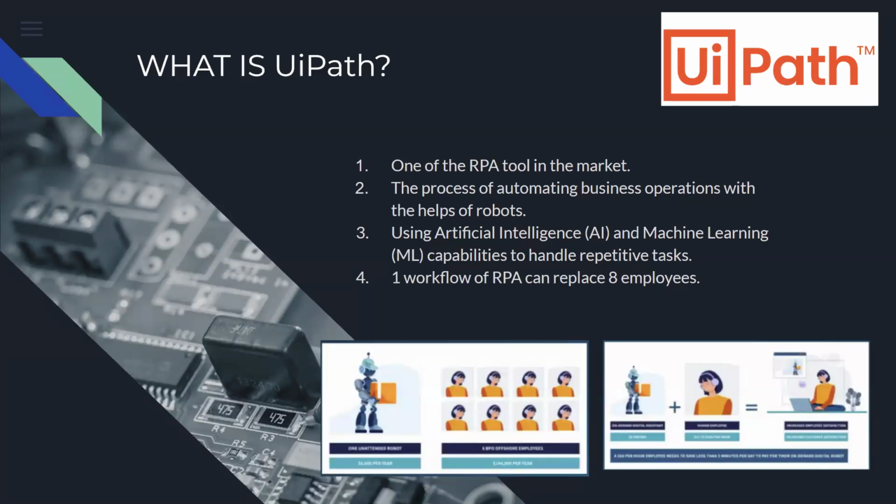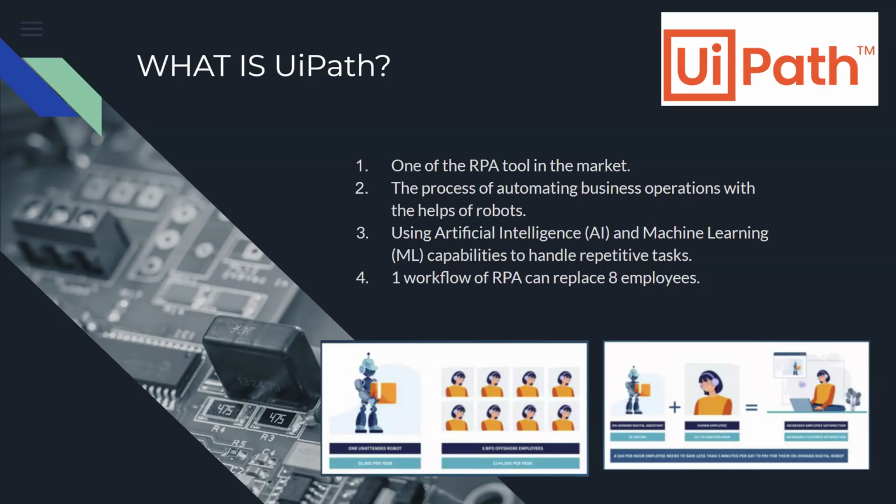First, UiPath is one of the RPA tools in the market. There are many tools that can be used for RPA, and one of them is UiPath. UiPath is a tool for automating business operations with the help of robots.